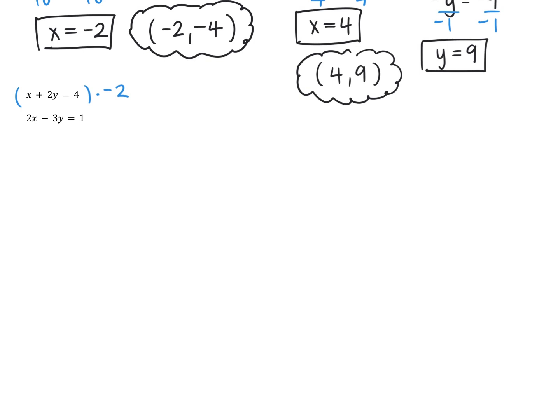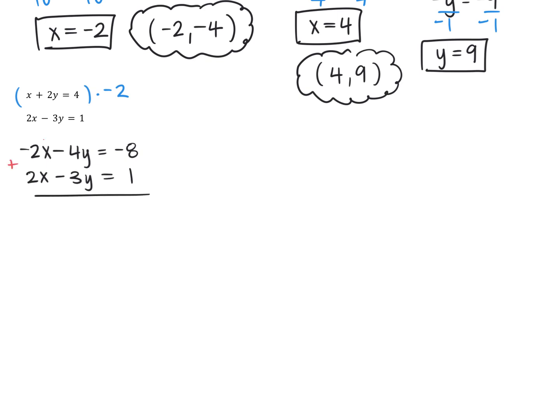So even though I'm multiplying by negative, it's better than multiplying both equations. So we get negative 2x minus 4y equals negative 8. Second equation stays 2x minus 3y equals 1.